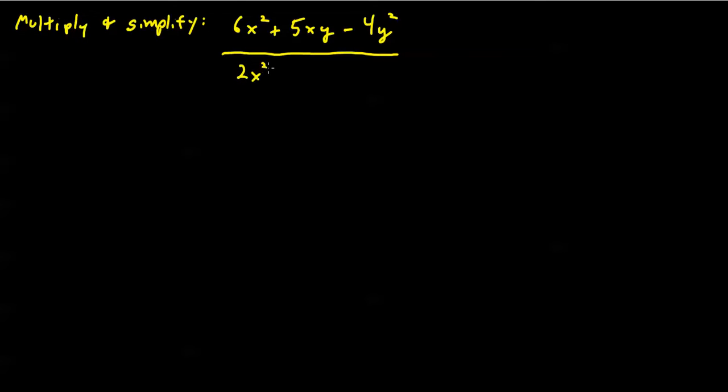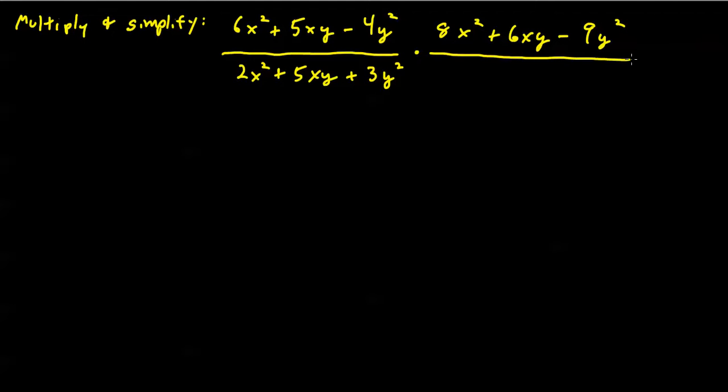Downstairs, 2x squared plus 5xy plus 3y squared. Again, that looks like it's going to break down. Times 8x squared plus 6xy minus 9y squared divided by 12x squared plus 7xy minus 12y squared.